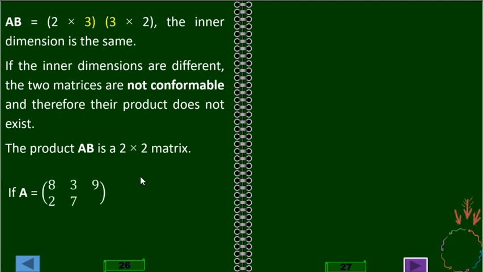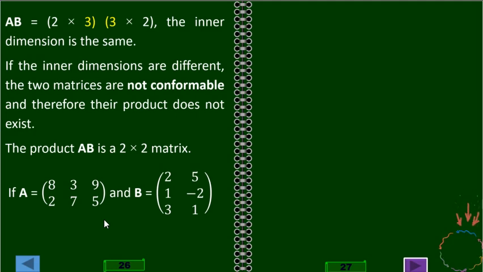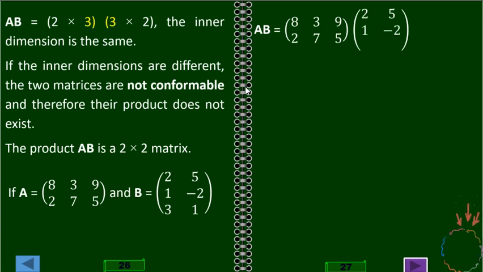Since we know that the product exists, let's now multiply. How then do we multiply a matrix by another matrix? Let's see how that can be done. Please be patient and be observant so that you can get the steps.